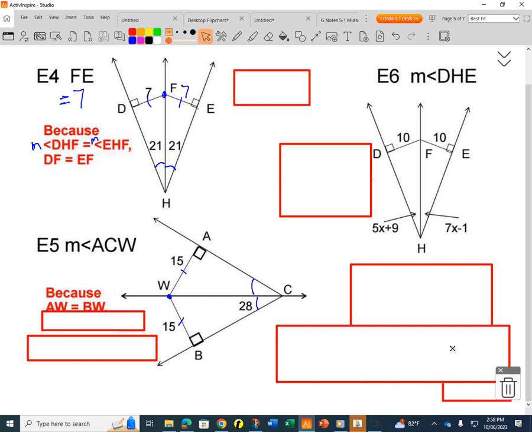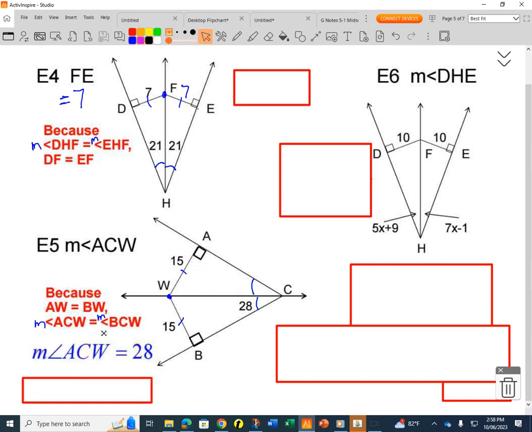Because AW is equal to BW, the measure of angle ACW has to be equal to the measure of angle BCW. And if those angle measures are the same, then we know that the measure of angle ACW is 28.